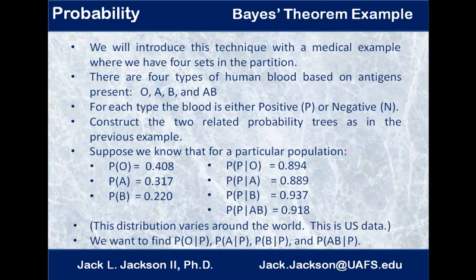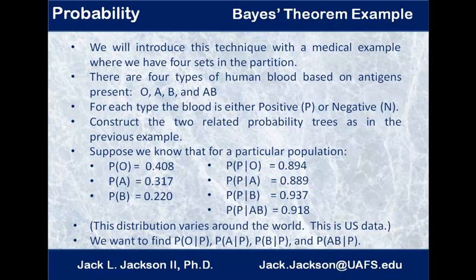In other words, 89.4% of all people with O blood are also positive, O positive. Similarly, the probability of positive given A is 0.889, so 88.9% of the people in the United States with A-type blood are A positive.